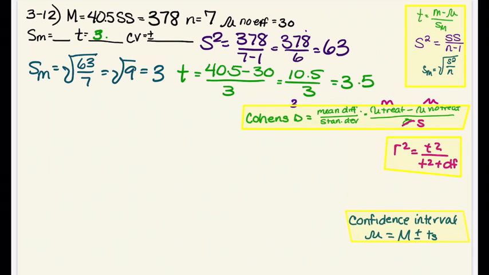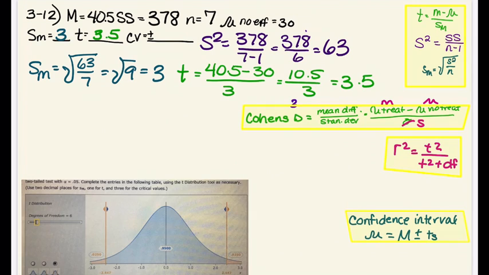In order to determine whether this is significant or not, we'll have to take a look at the critical t-value. To determine what the critical t is, first we have to figure out the degrees of freedom, which is n minus 1. So you'll adjust your degrees of freedom and then move the sliders back and forth until you have 2.5% on one tail and 2.5% on the other tail, since we're running a two-tail test with an alpha of 5%.